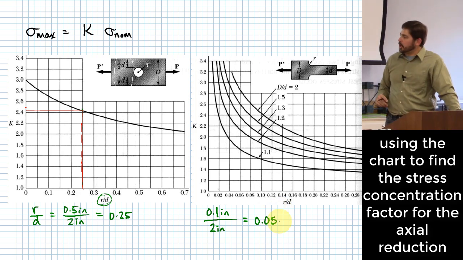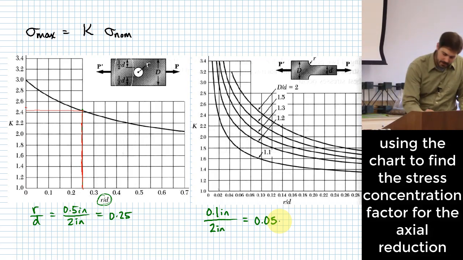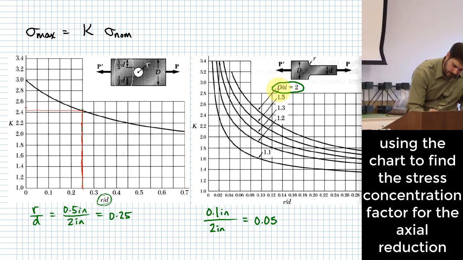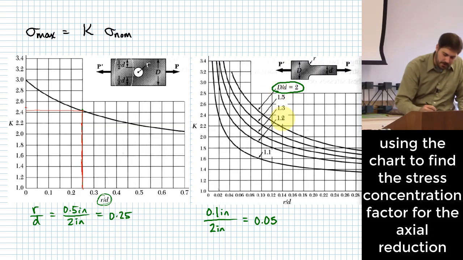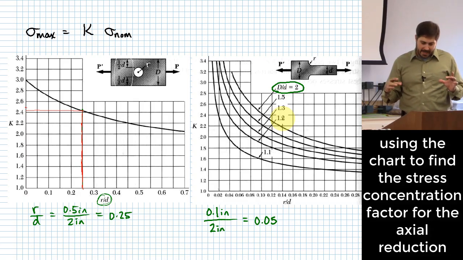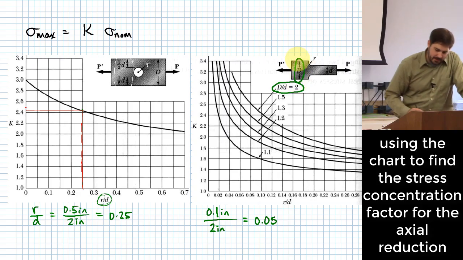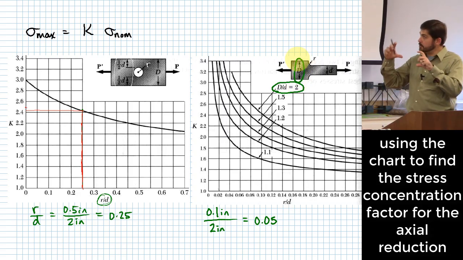Well, what else do I need to know? Capital D over lowercase d. These different curves are different capital D over lowercase d. What's capital D? It's that larger width of the two parts.